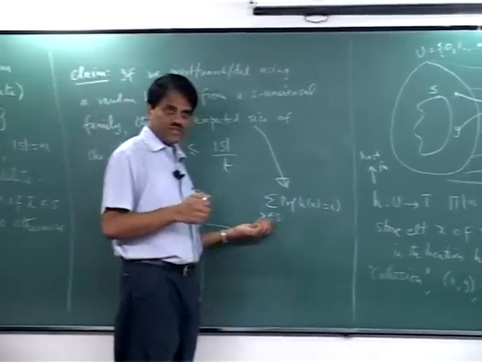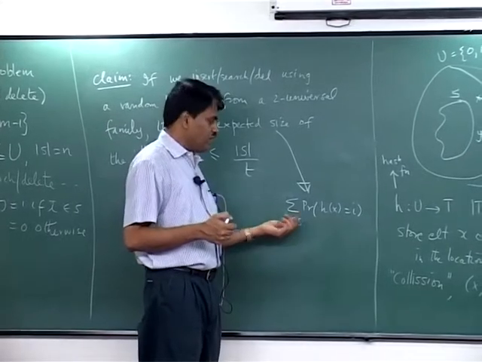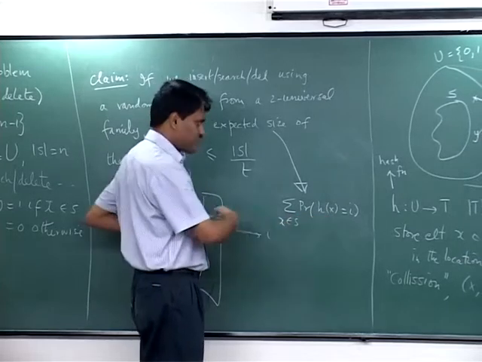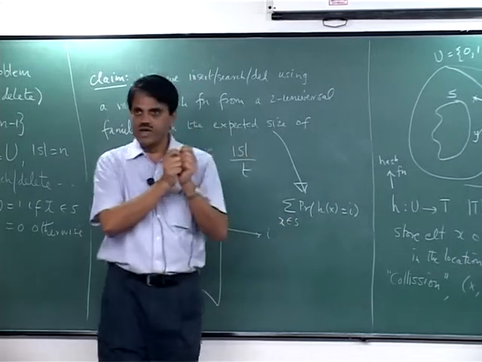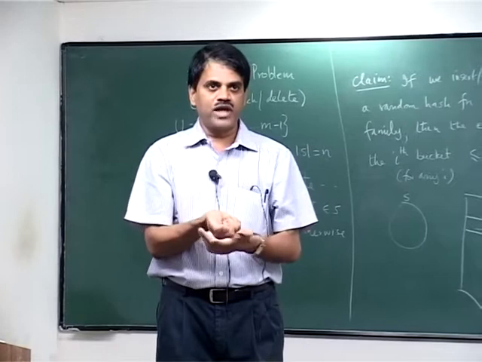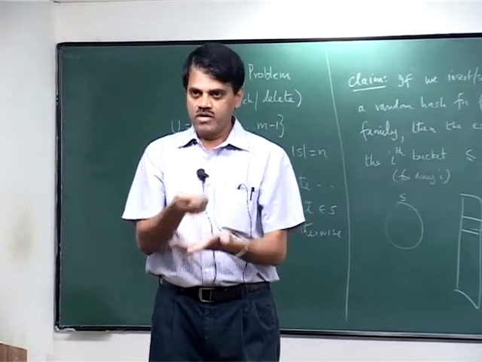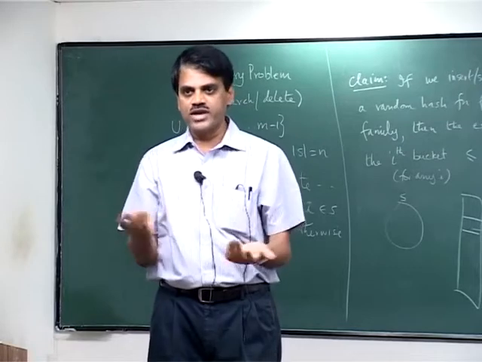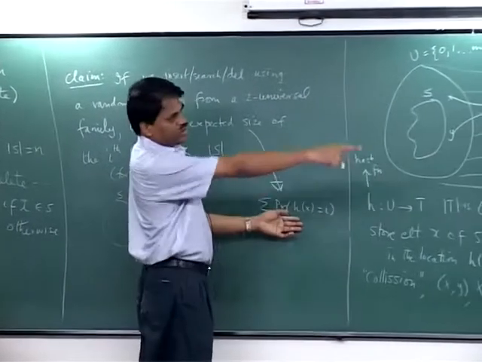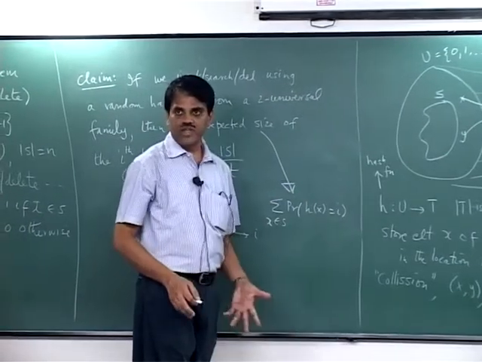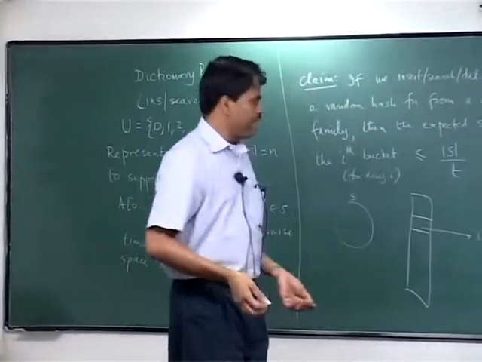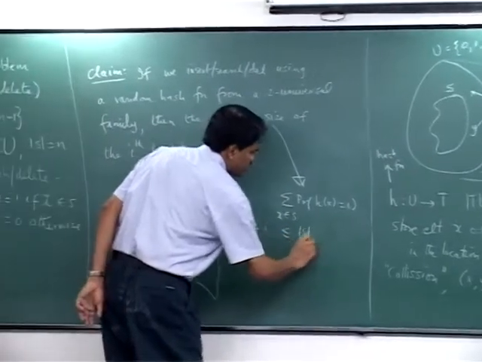For every element in S, if h of x is equal to i, it will contribute 1, and 0 otherwise, to the expected size of this bucket. And what is the probability that h of x is equal to i? The first condition says that it's at most 1 over t for every element in the universe, so in particular for every element in the set S. So this is at most a constant.